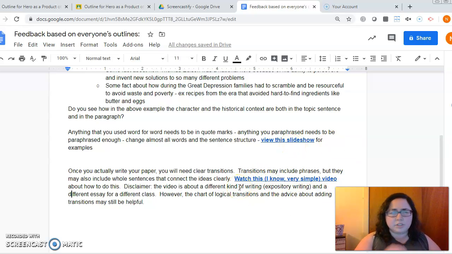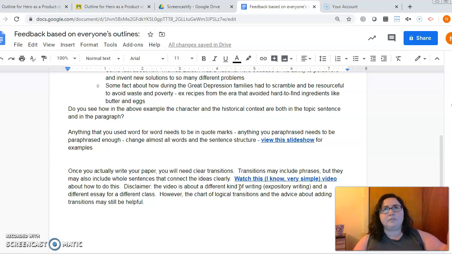But watch it once you have a draft done, or if you're struggling to figure out what to say between the facts. In most cases, between historical facts about the same thing, or facts about the same thing, you usually don't need to transition a lot. But between connections between like a primary source and a secondary source, you'd need a big transition.